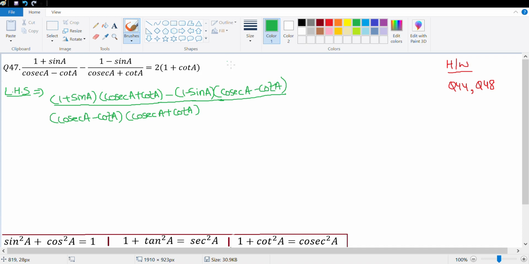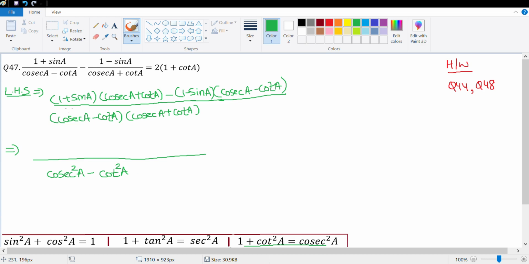Good. So let's see what we can get. What I will get in the denominator first is easier. This is in the form x minus y into x plus y, which means x square minus y square. So that's cosec square A minus cot square A. From here I realize cosec square minus cot square will give me 1. So my denominator is sorted.